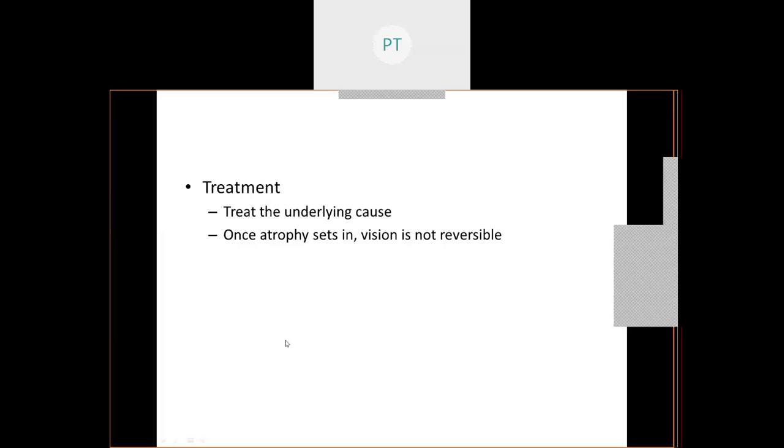Okay, while I'm still remembering, the treatment of optic atrophy is mainly to treat the underlying cause, because once atrophy sets in, vision becomes irreversible. You also have to differentiate it from other causes of disc pallor, which can be non-pathological or pathological. Non-pathological causes include axial myopia, elderly people where there are sclerotic changes, and a large physiological cup with temporal pallor.